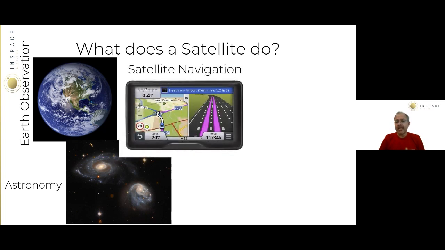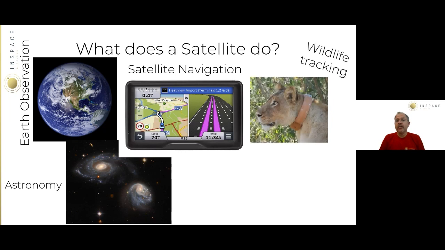Everybody knows of sat navs and of maps on their phone. These maps work by using satellites to tell you exactly where you are so that they can tell you how to get to where you want to go in a sat nav or a maps application on your phone. Satellites are also useful for other things.